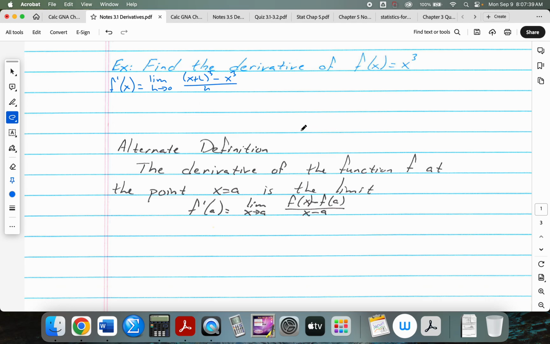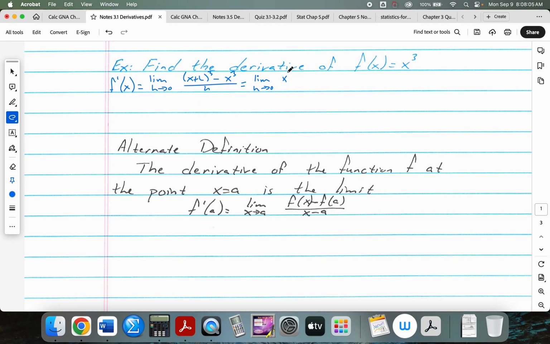There's never a point in going ahead and trying to calculate this by substituting in 0. It's always going to be 0 over 0. So it never works out that you can just immediately do it. So we're always going to have to algebraically manipulate this in some way. So I'll start by expanding the x plus h quantity cubed.